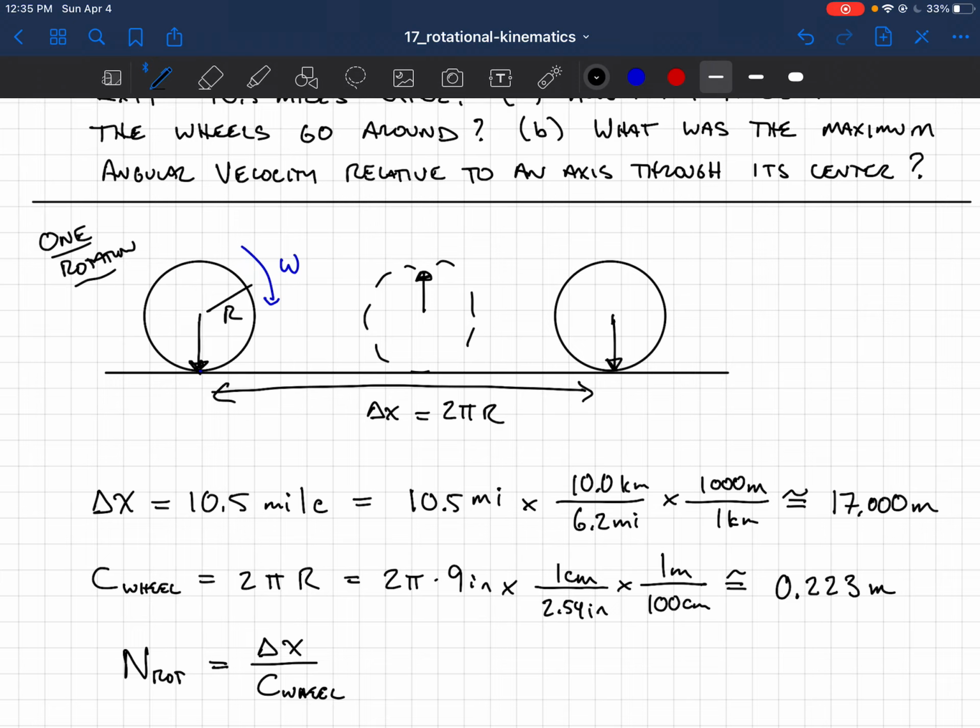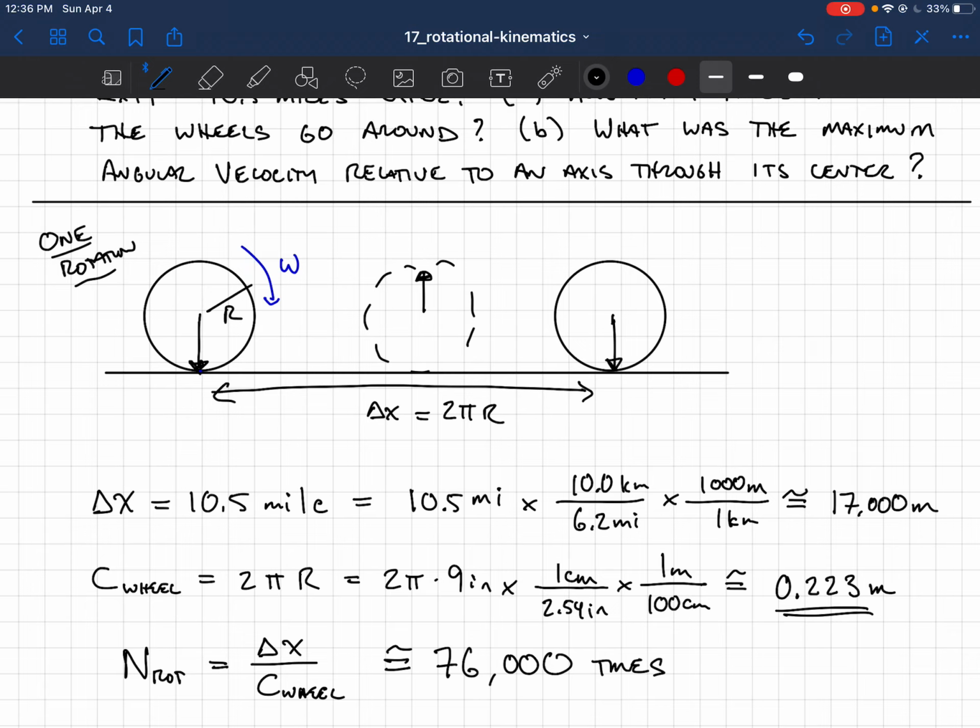I'll use my exact answer, which is something like 16,900, and divide by 0.2226, so it's 76,000. So about 76,000 times around in order to drive 10 miles. And your odometer just counts that. It adds in 22 centimeters every time your wheel goes around.